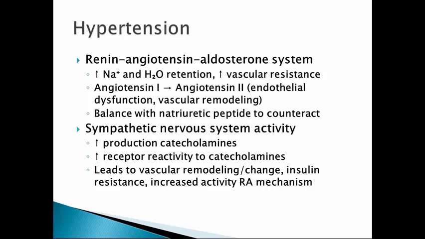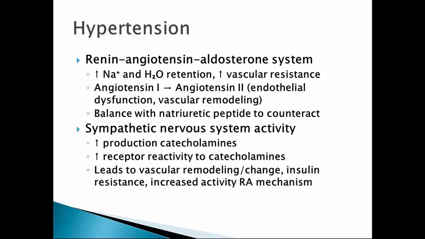Remember that angiotensin 1, which is part of your renin-angiotensin-aldosterone system, converts to angiotensin 2. Angiotensin 2 not only is a powerful vasoconstrictor, it also has the ability to facilitate vascular change. And so you'll see with very high levels of angiotensin 2, endothelial dysfunction and vascular remodeling.